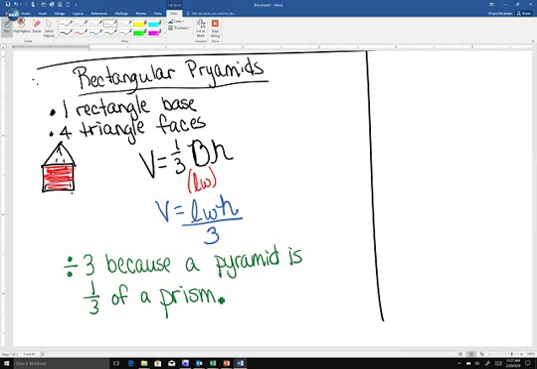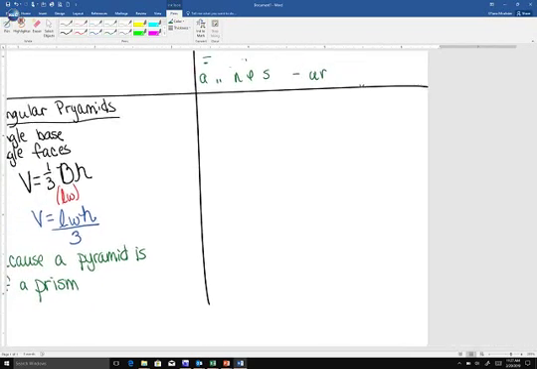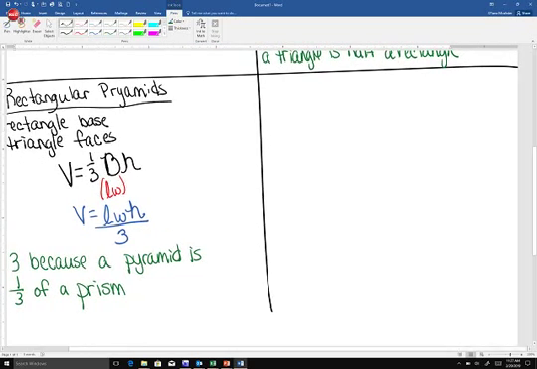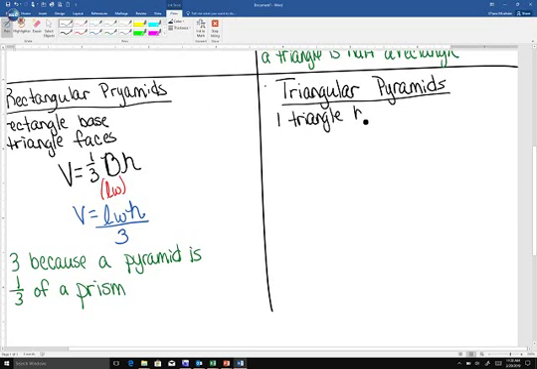Next, at the bottom right, we will take a look at triangular pyramids. Triangular pyramids have one triangle base and 3 triangle faces.